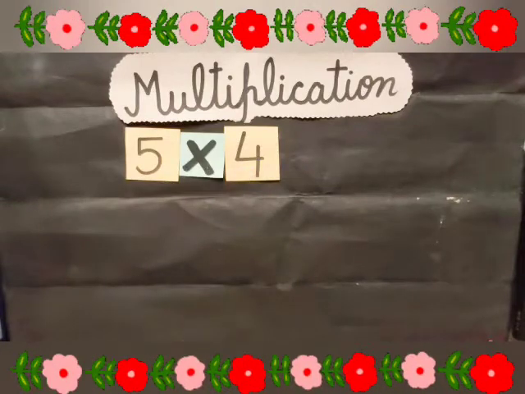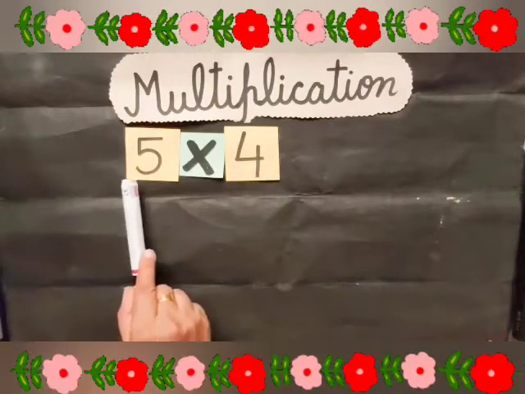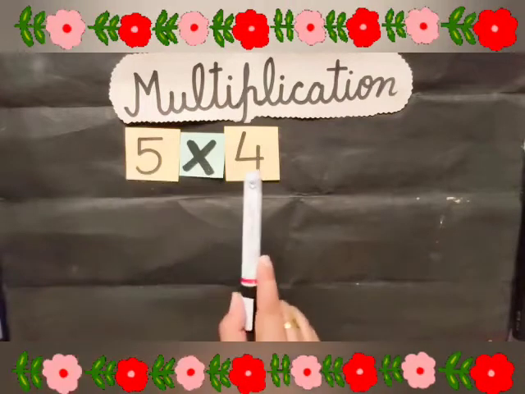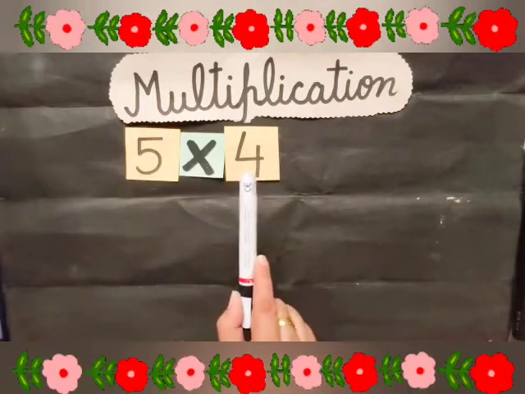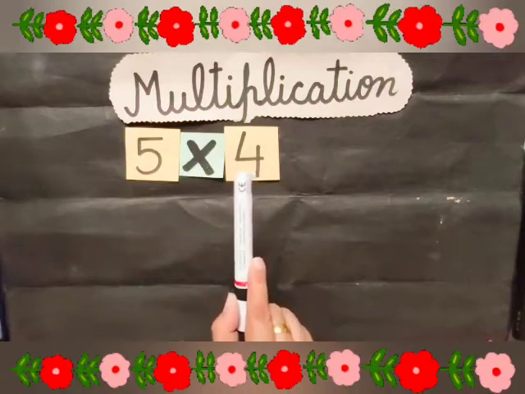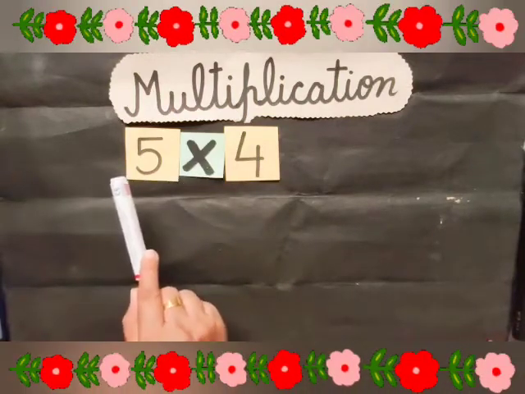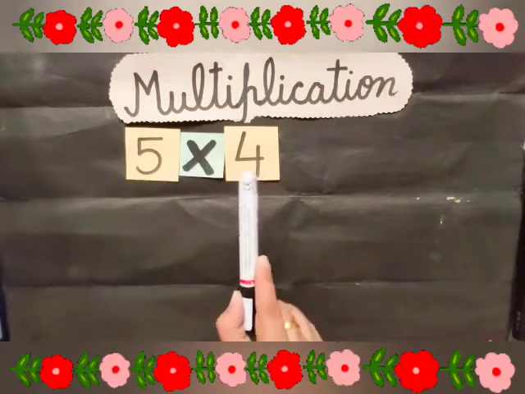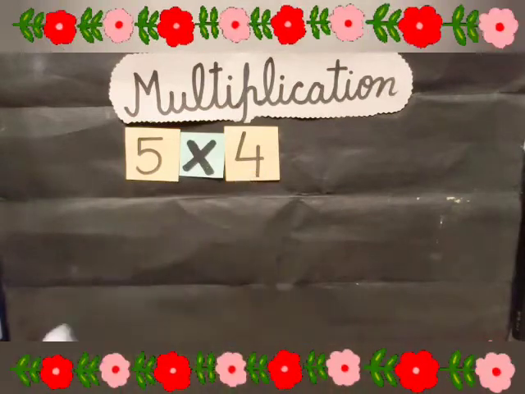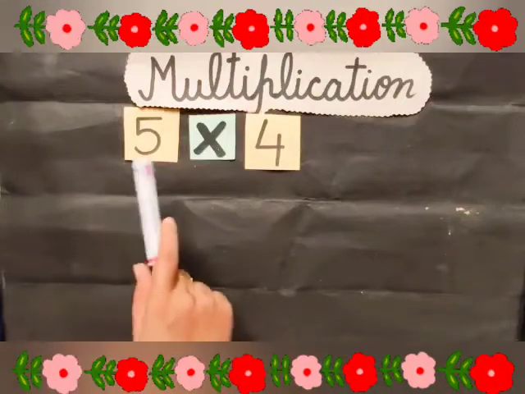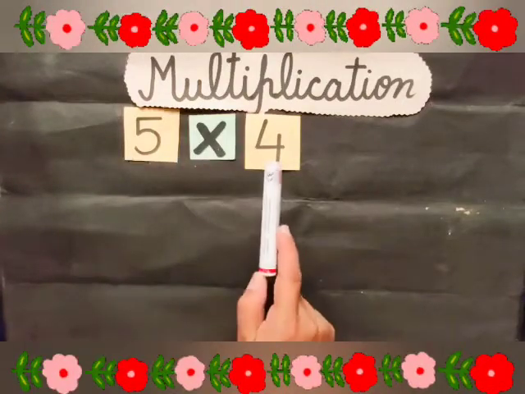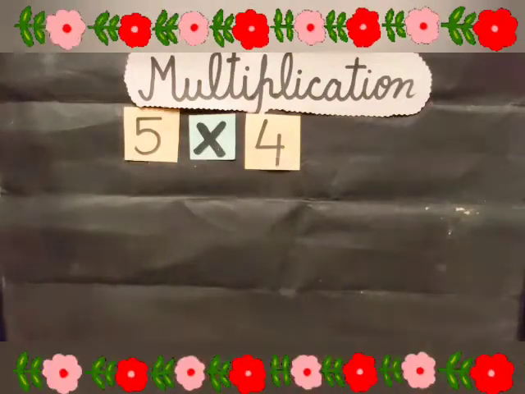That means that we will make 5 groups with 4 objects in each group, or we can also say that 5 times we will take 4 objects. Now let's make 5 groups of 4 objects.